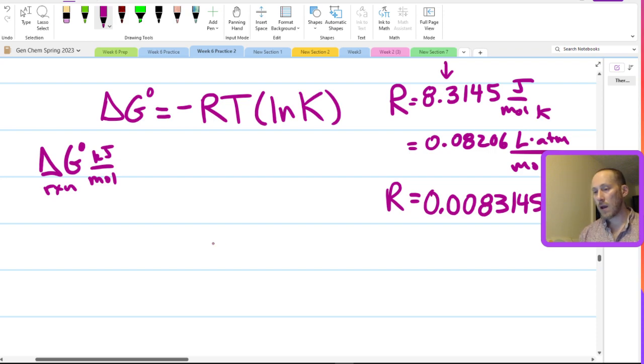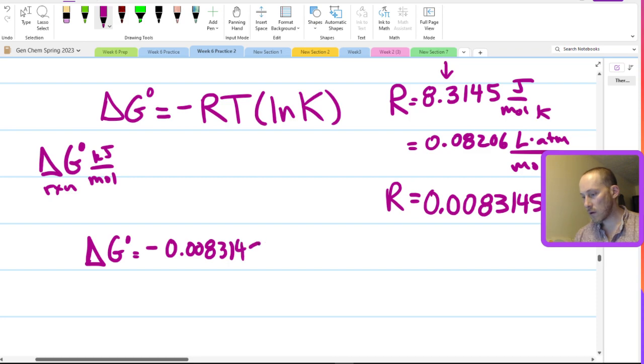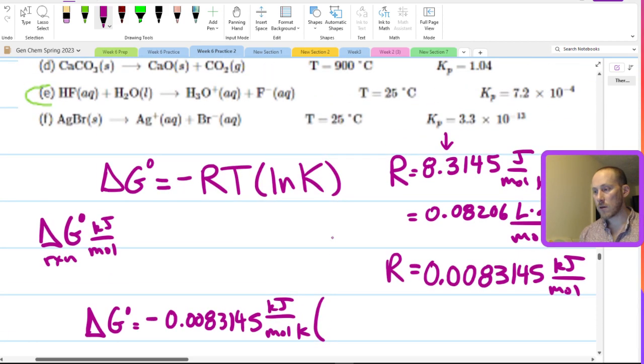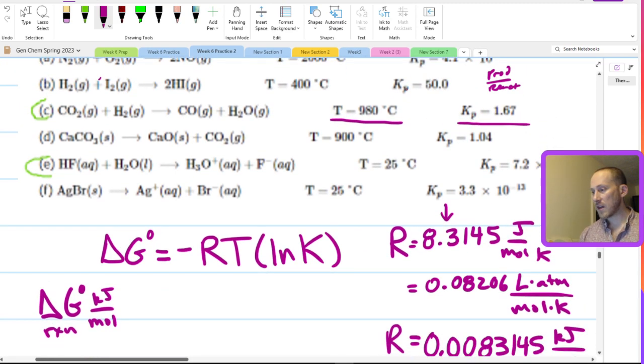Okay. So this first one should be really easy to solve because delta G equals negative the R that I just talked about, since I now converted it to kilojoules. And then we're multiplying that by, well, looks like 980 degrees Celsius.